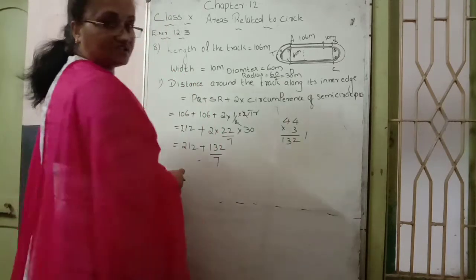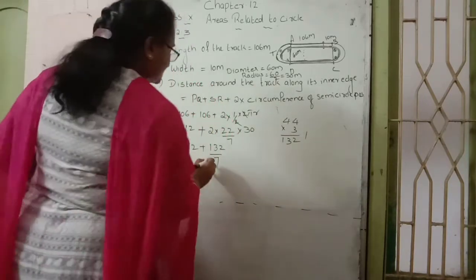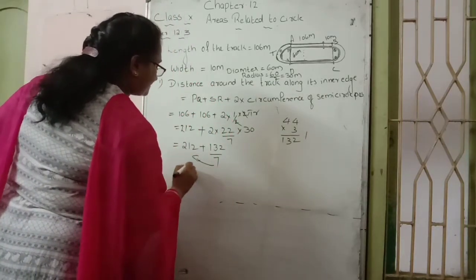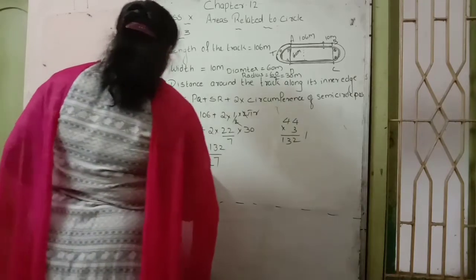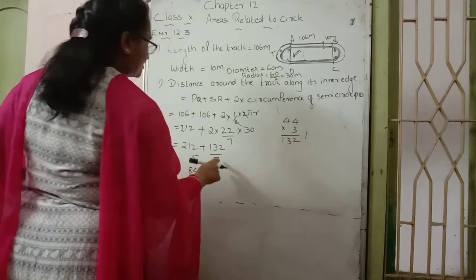Do the division in time. How much will 7 cross multiply? 7 twos are 14, remainder 1, 7 eights are 56.